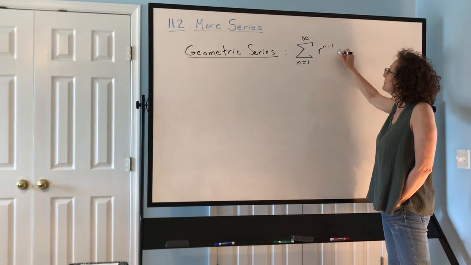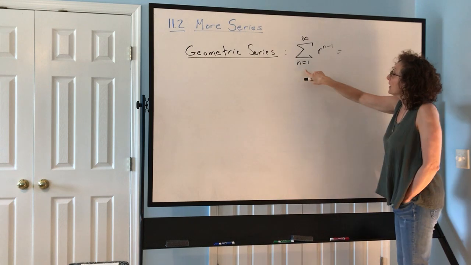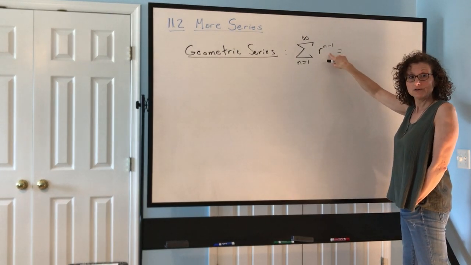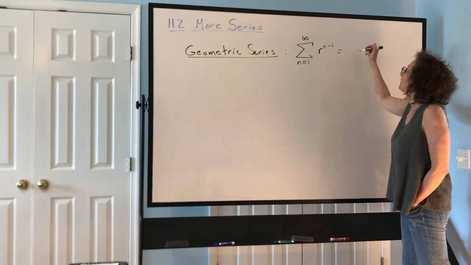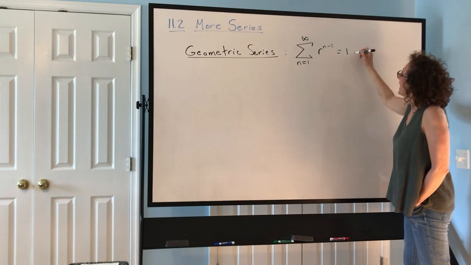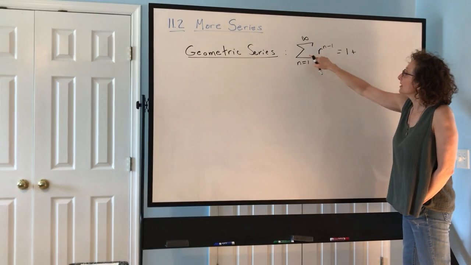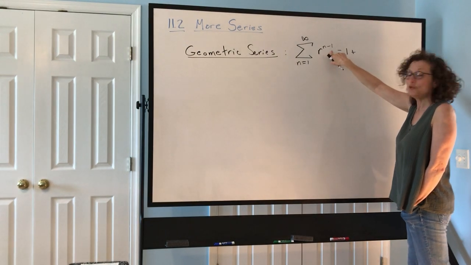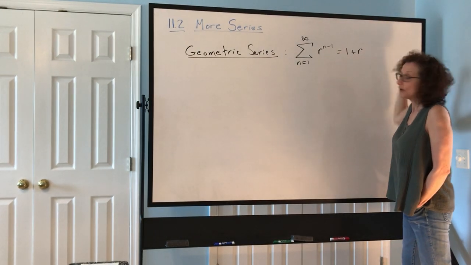So let's write down what this means. If n is 1, then R to the 1 minus 1 is R to the 0, which is, good, 1. Then what are we going to do? Add. That's what sum means. Then we increment our counter by 1. So then we get R to the 2 minus 1, which is just R to the 1.